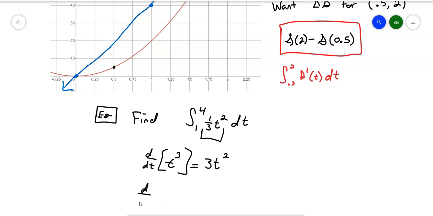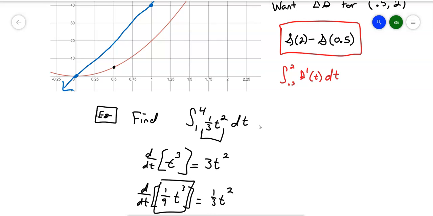What if I took the derivative of 1/9 t cubed? Well, then whenever I take the derivative, 3/9 is 1/3 t squared. So that's the function I'm looking for.